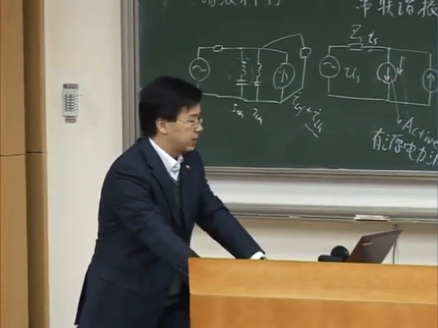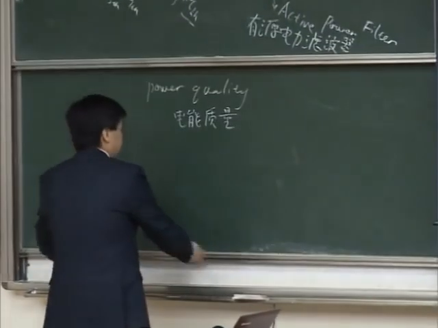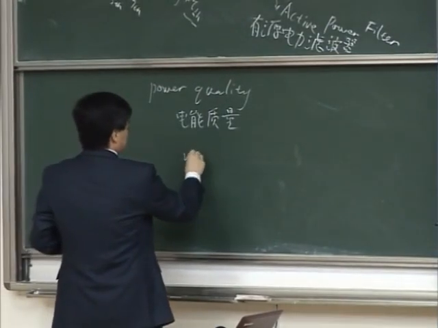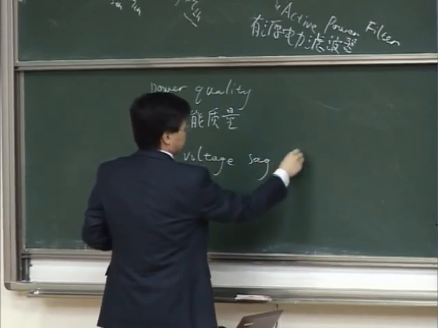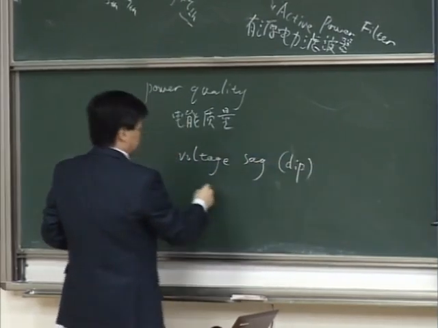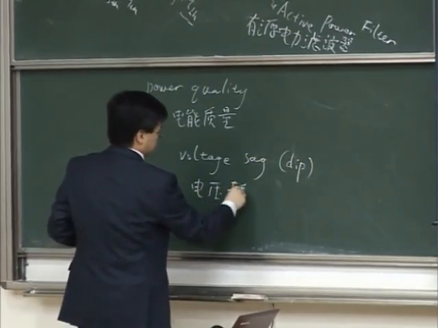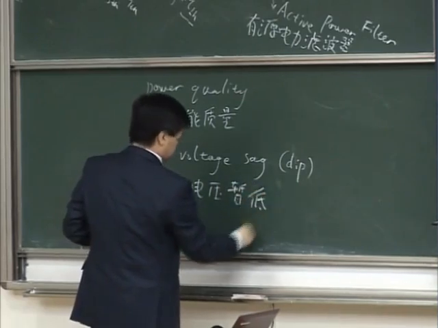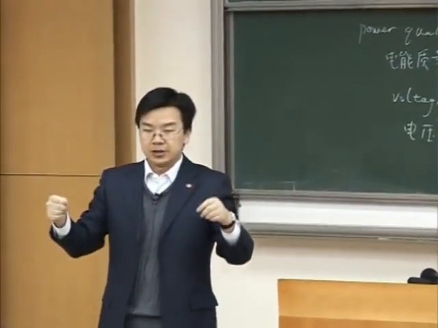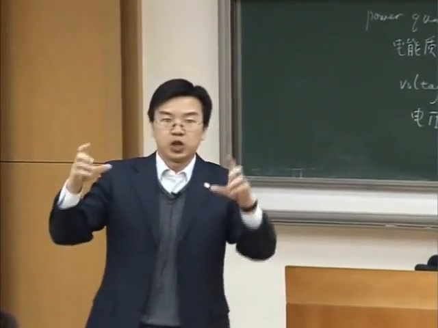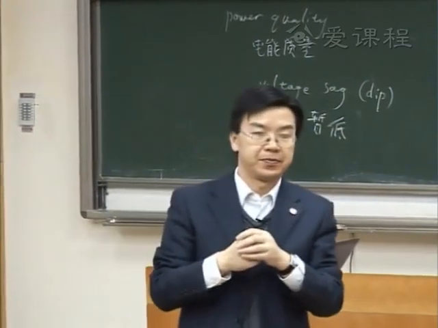And the third one is voltage sag. Sometimes it is also called voltage dip. Voltage sag or voltage dip means the utility voltage is dropping to a lower level for a short period of time.